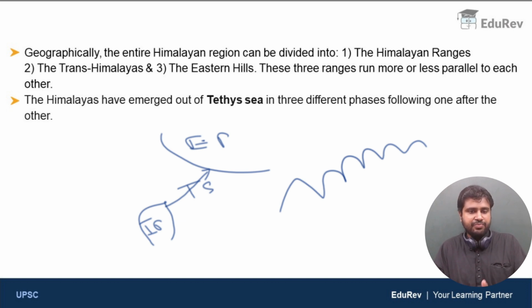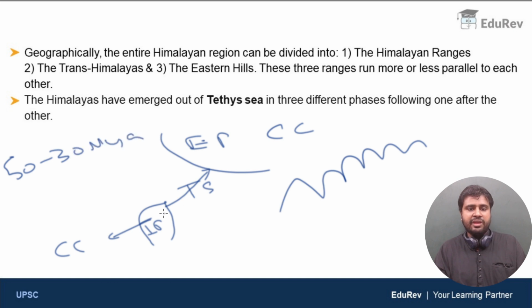I hope you're understanding. Let me just repeat this one more time. I just want to give you some clarity. We have the Eurasian plate, which is continental crust. We have the Indian plate, which is also continental crust. Now we know that somewhere between 50 to 30 million years ago, the Indian plate came close to the Eurasian plate and collided with it.